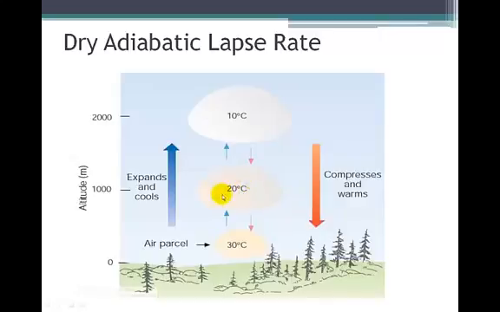And then if the parcel goes up another 1,000 meters, it expands even more and cools off even more at the same dry adiabatic lapse rate of negative 10 degrees Celsius per 1,000 meters. And then if the air parcel has to fall back down, it compresses and warms at the same rate.